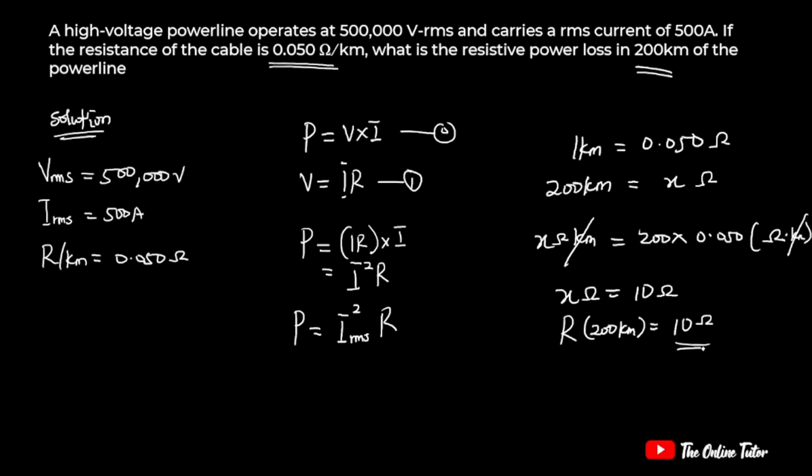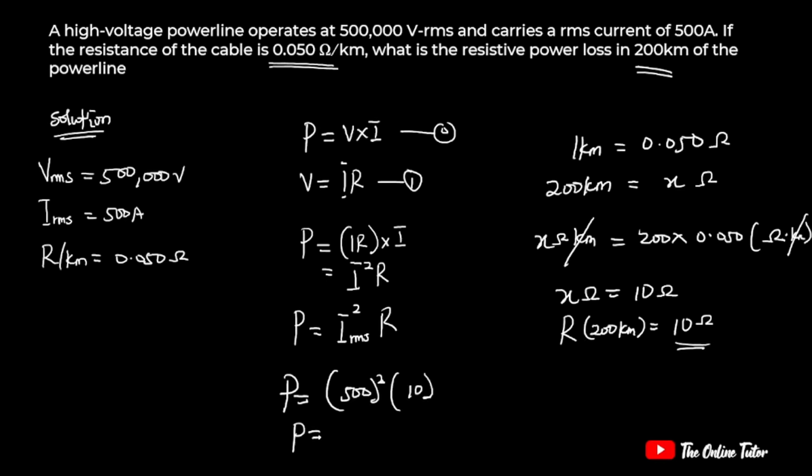Now that we have the overall resistance, we can simply do the substitution and get our resistive power loss in this 200 kilometer power line. So our power loss will become, with our root mean square current being 500, 500 squared multiplied by 10.